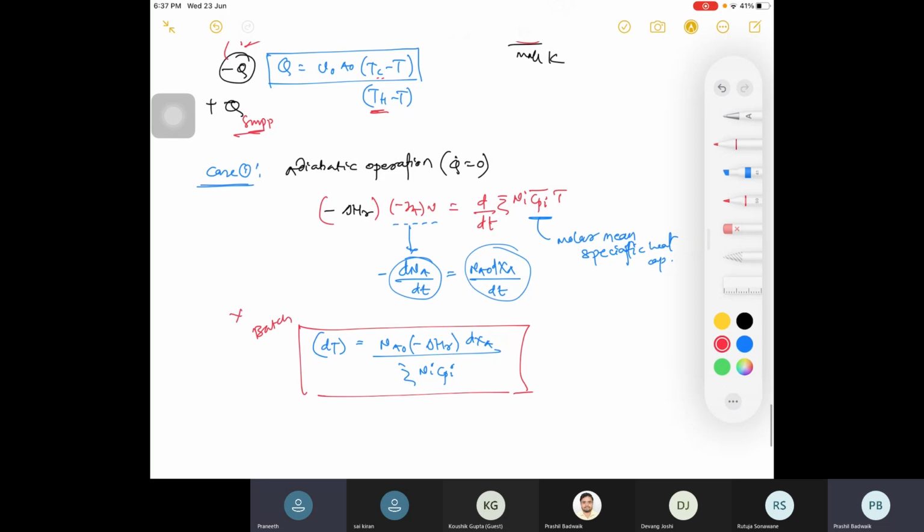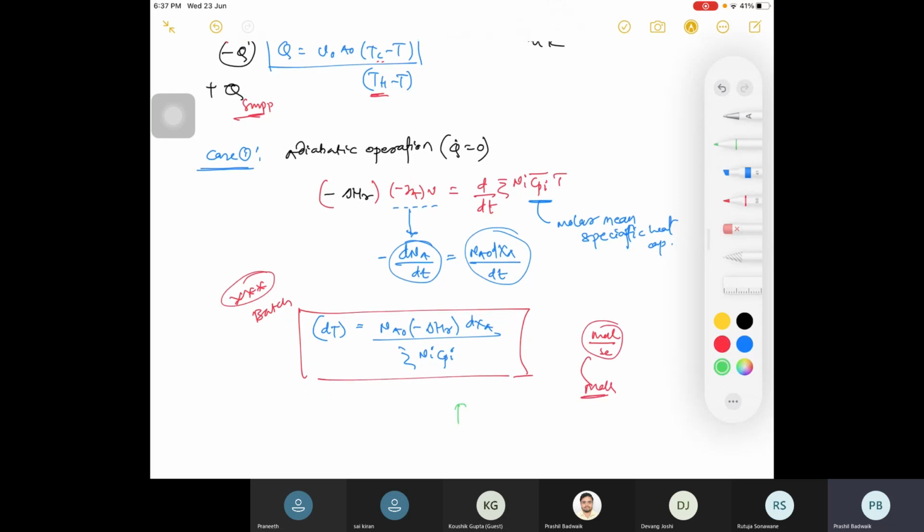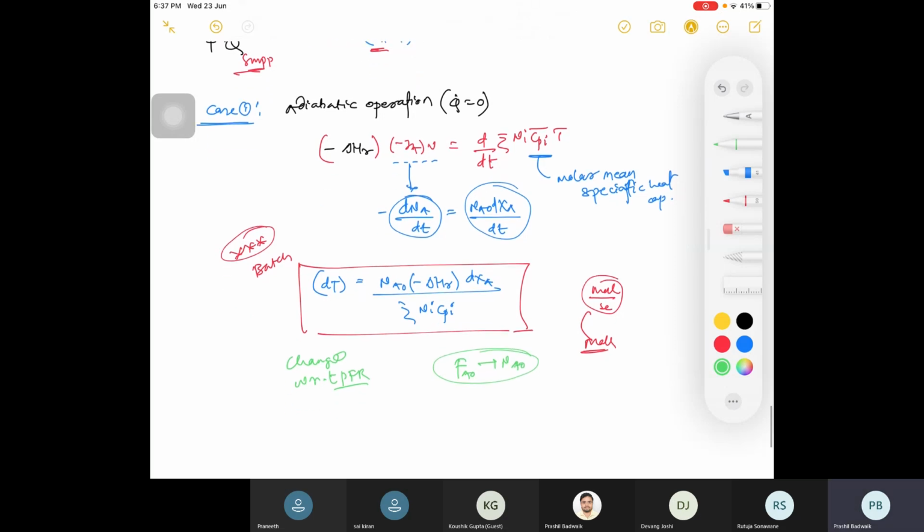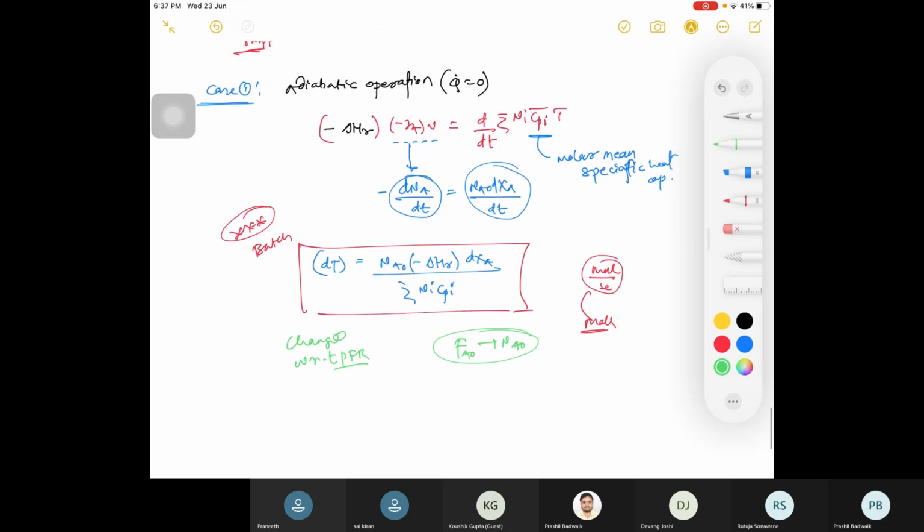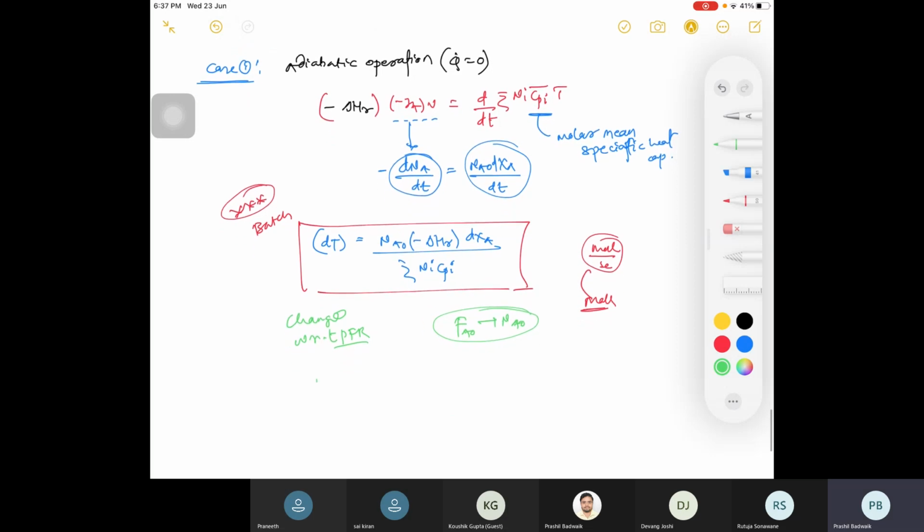The flow rate changed to moles. Right, what was the flow rate there? It was moles per second, here it is just moles. So what is the change with respect to PFR? FA naught is replaced with Na naught, or FA is replaced by Na. Flow rate is replaced with moles. Just that change for adiabatic condition.